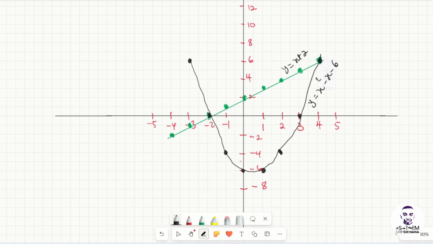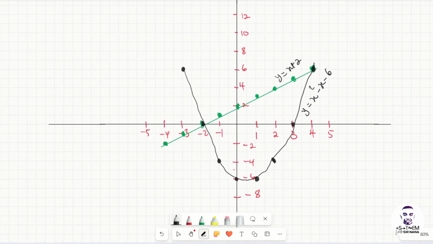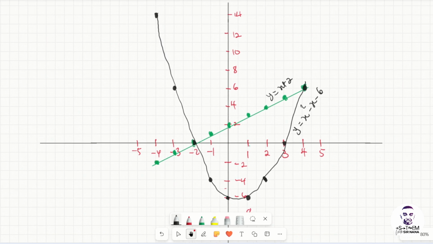Now, we need to find the solution to this quadratic graph. So all that we are trying to do is that we want to, at the end of the day, right? So yeah, so that is a quadratic graph.